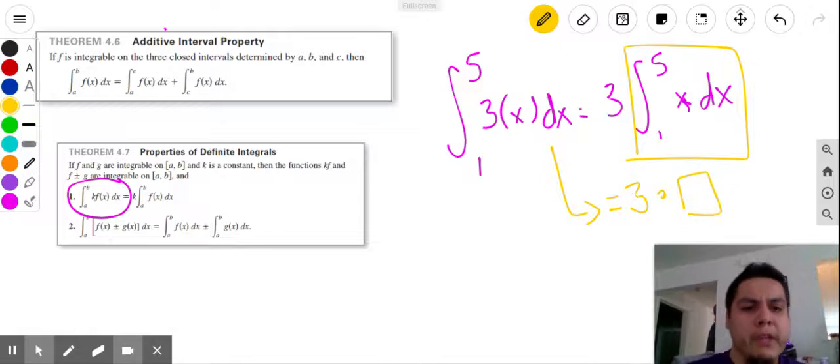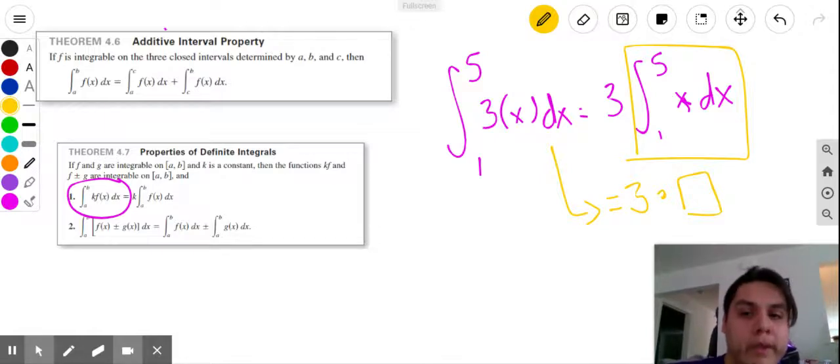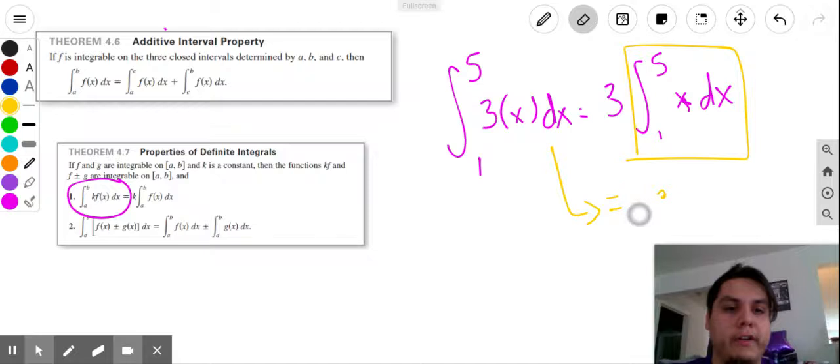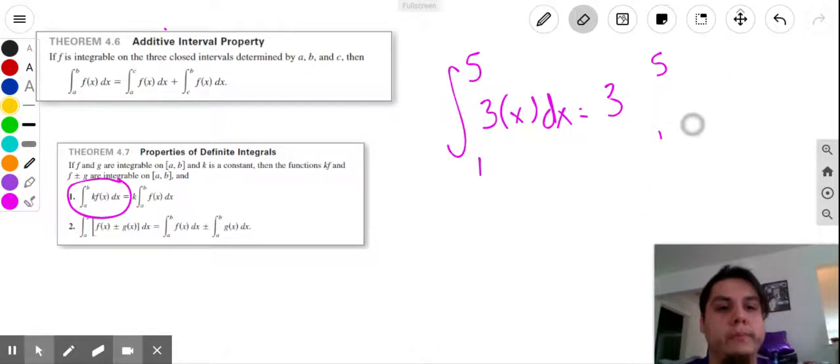It's kind of like when you're working with derivatives and you had a constant multiplier, you can just pull that constant multiplier out, do your derivative, and then multiply back in at the end. It's the same idea. And similar to that, we have the sum and difference properties of the definite integral. So here's what we know.